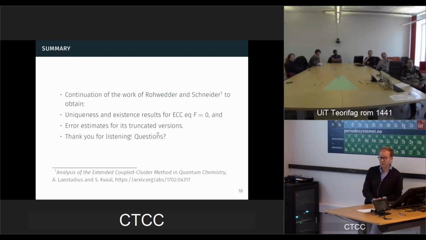Using this bivariational formulation, we continued the analysis, studied this capital F and showed that it also has this monotonicity property. We have studied the existence and uniqueness and also this error estimate for truncated versions of the equations. So that was a short summary of the work.